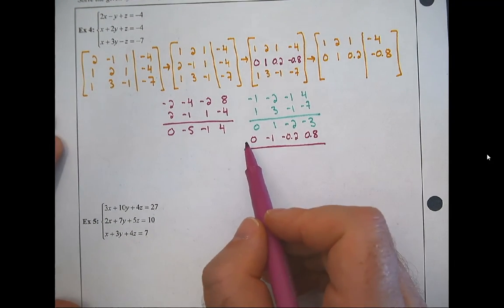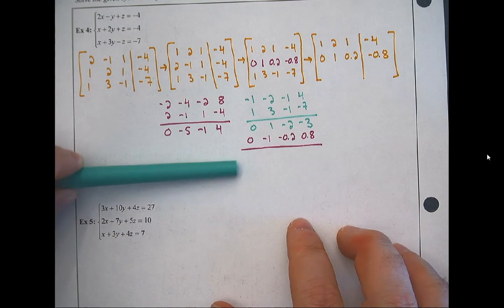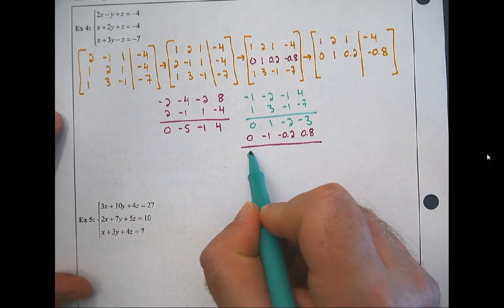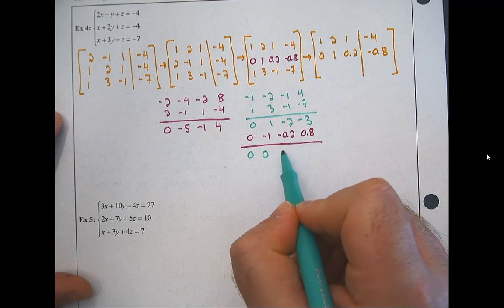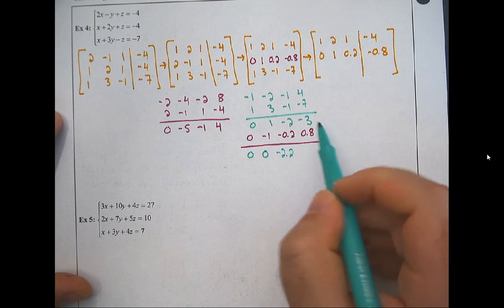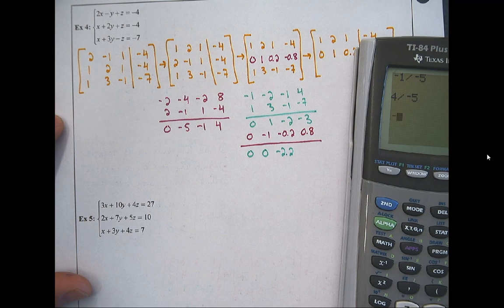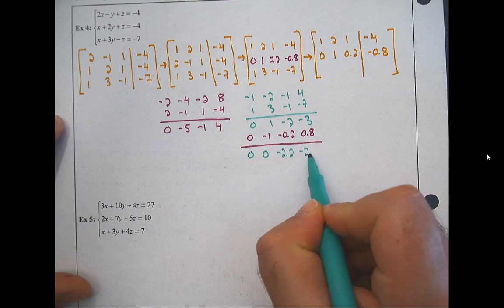Okay, fingers crossed that this is going to work out. I'm going to go back to the other color so that I can keep in mind that this is going to be the green equation. 0 and 0 is 0. 1 and -1 is 0. -2 and -0.2 is -2.2. -3 plus 0.8 ends up being -2.2.